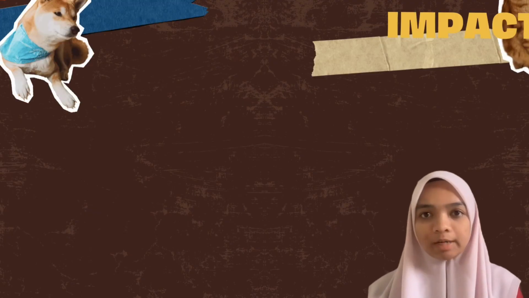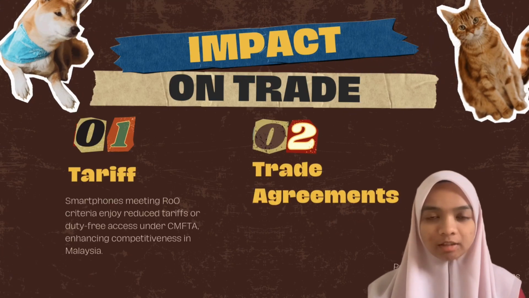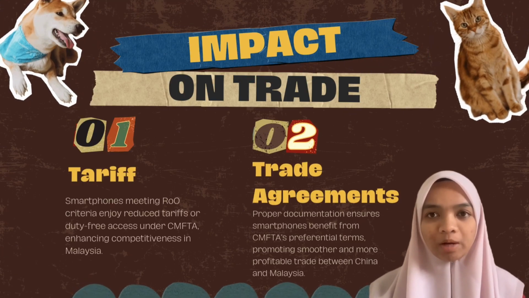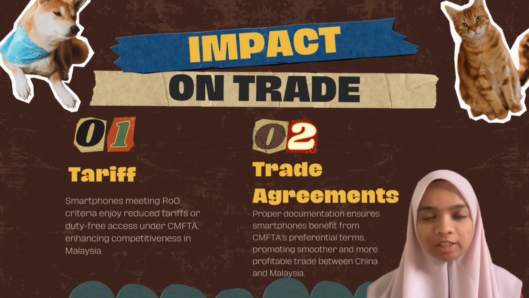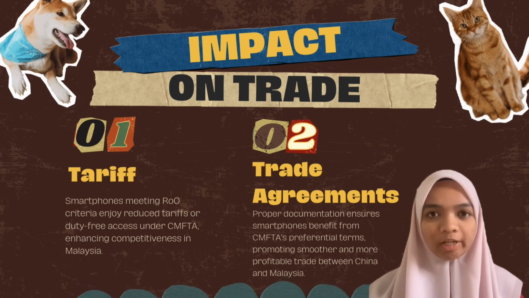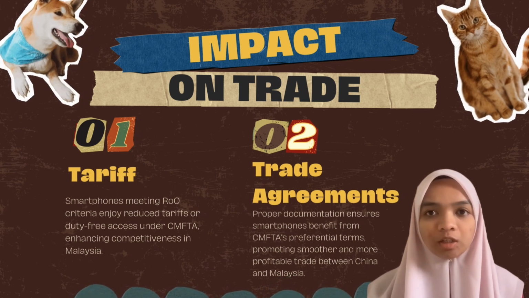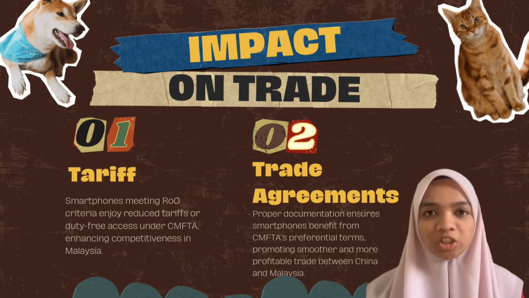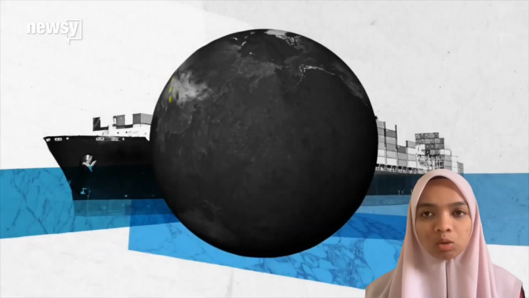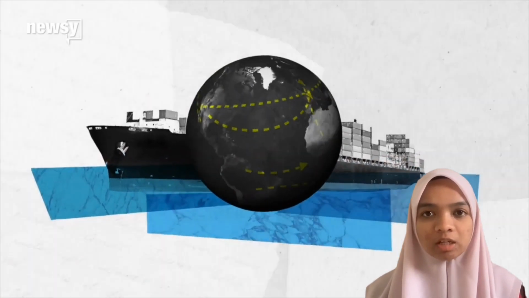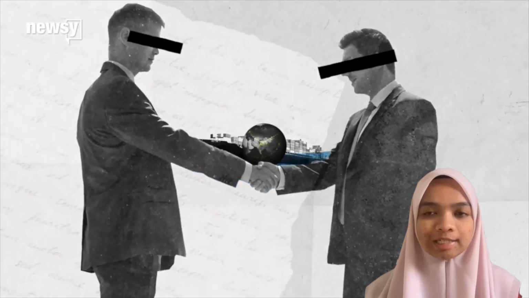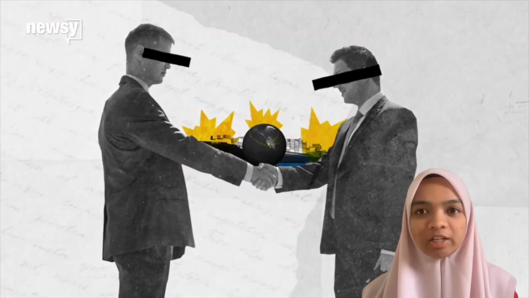Next, we will talk about the impact on trade. Understanding and complying with rules of origin has a significant impact on trade. Tariff is one of the impacts on trade, where smartphones that meet the ROO criteria enjoy reduced tariff or duty-free access under the China-Malaysia Free Trade Agreement, making them more competitive in the Malaysian market.